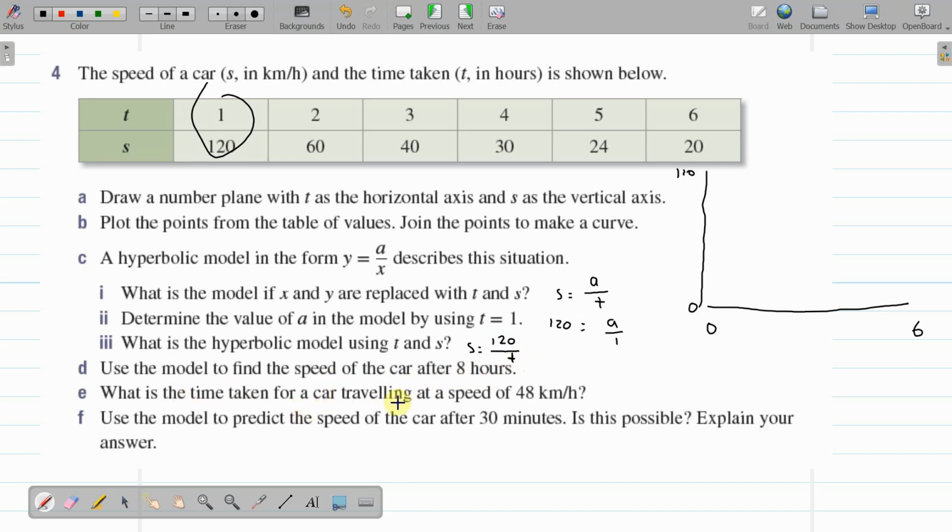Time taken for a car to travel at the speed of 48. So 48 for this s. 48 equals 120 over t, whatever t is. And predict the speed of a car after 30 minutes. Is it possible? Explain your answer.